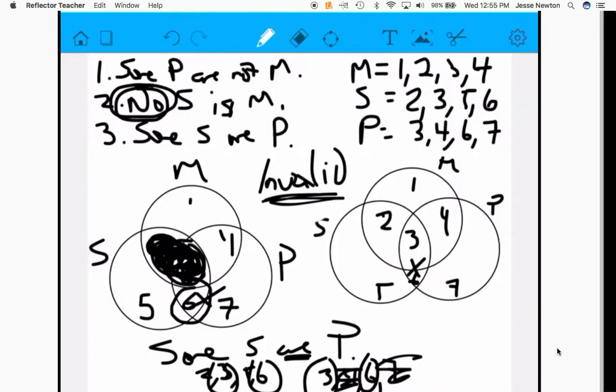This argument is invalid. In order to be valid, what it would have to have done is, for instance, put an x right here, and it would be valid in that case. Now, as I was saying earlier, the writing was kind of on the wall. You could have just looked at this and told that, all right, look at this, some S are P. Does this right here definitively show that some S are P? No, because this is saying the x could exist over here in region 7. But region 7, if you notice up here, is not a part of S, right?